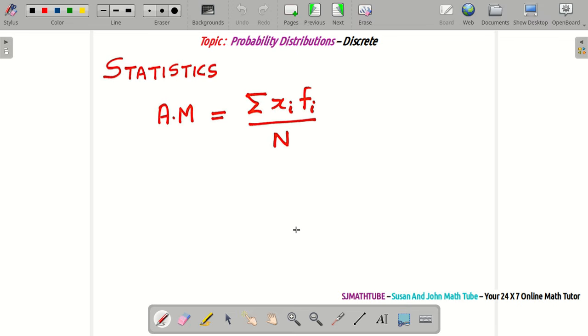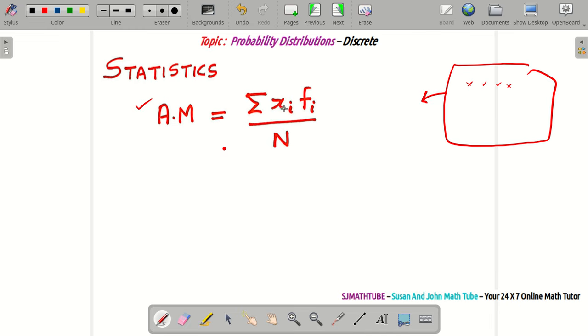In statistics, you have learned that expectation means arithmetic mean, because when you're given data and you find the arithmetic mean, you get the expected value from the data. Okay, so what's the formula for arithmetic mean?